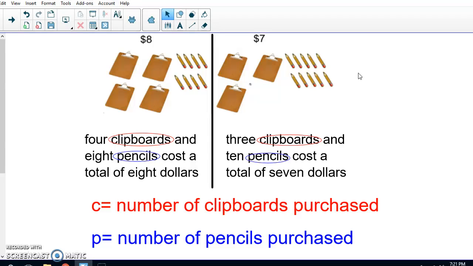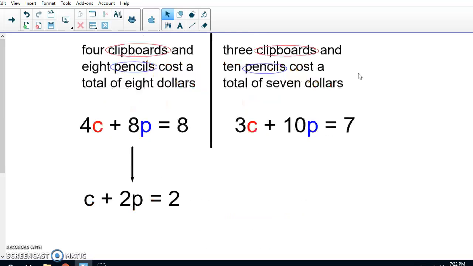All right, so we're one step closer to being familiar with spelling out an equation. So I'd ask the students to look back at our words and start replacing some of those words with numbers and finding where our variable will slip in, looking for key phrases like total. And we should make 4 clipboards become 4C, and 8 pencils become plus 8P, and a total of $8 to be equals 8.